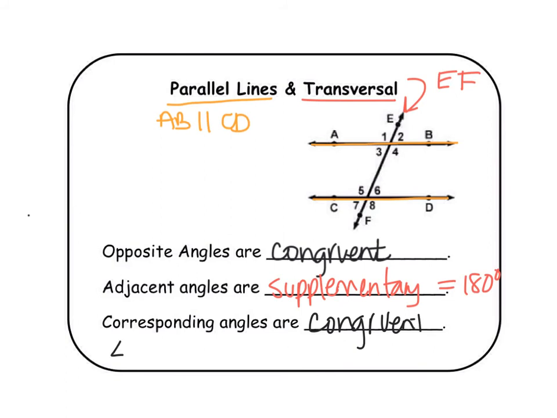So for example, angle 1 and angle 5 are corresponding, angle 2 and angle 6 are corresponding, angle 3 and angle 7 are corresponding, and angle 4 and angle 8.